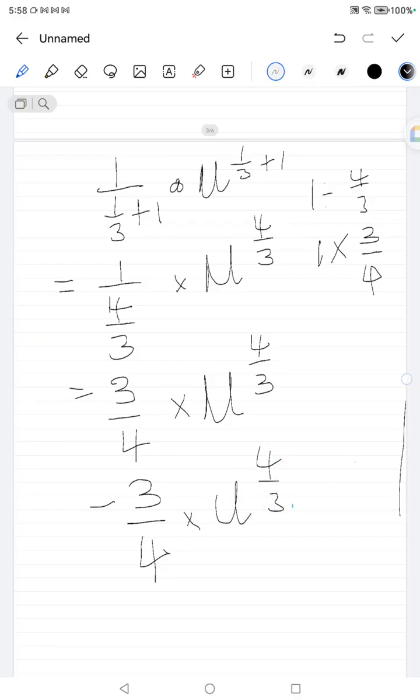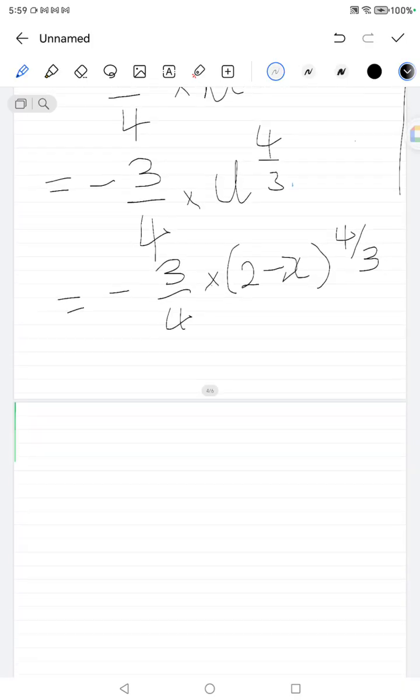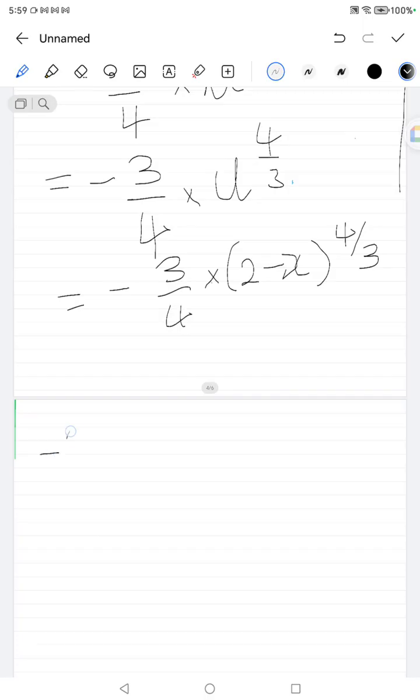But our u, we know it, so we can say the final answer is minus 3 over 4 multiplied by the u, which was 2 minus x, so 2 minus x to the exponent 4 over 3. Then now you have minus 3 over 4 multiplied by 2 minus x to the exponent 4 over 3.